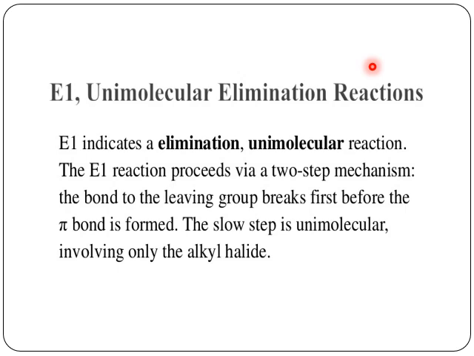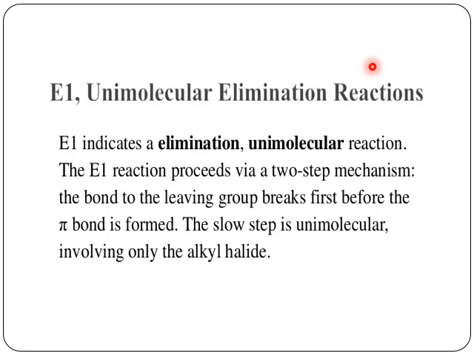E1 indicates an elimination unimolecular reaction. The E1 reaction proceeds via a two-step mechanism. First, the bond to the leaving group breaks before the pi bond is formed. The slow step is unimolecular, involving only the alkyl halide.